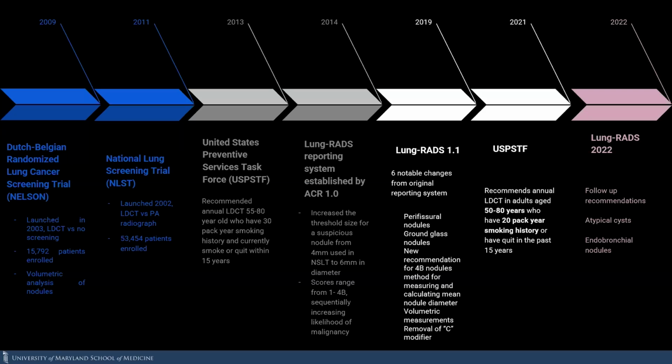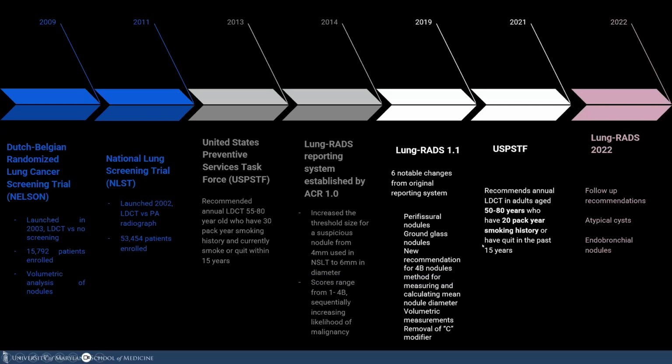Okay, so now that we've talked about the different lung cancer screening trials, what I want to talk about is that since then, the USPSTF, U.S. Preventive Services Task Force, criteria for those who can undergo lung cancer screening CT has gone through 2 iterations. So right now, it is recommended that a patient between the ages of 50 and 80 can undergo lung cancer screening if they have a smoking history of 20 pack-years or more, or have quit within the past 15 years.